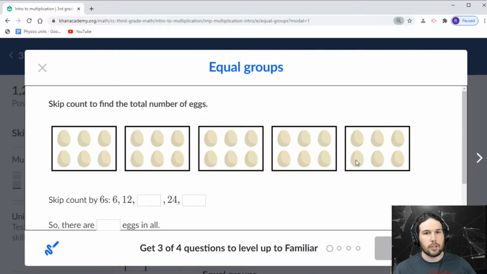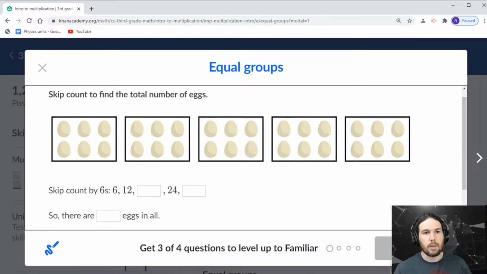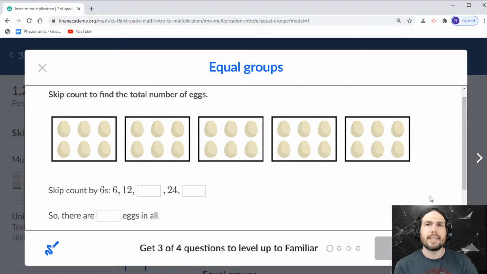Now let's go ahead and zoom in just a touch. Now, counting by 6s is not a thing that I would do in real life, but it is important to be able to do it because this is where multiplication comes from. When I said before that you don't have to memorize times tables, this is it.